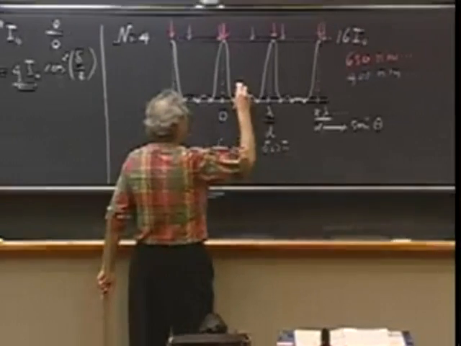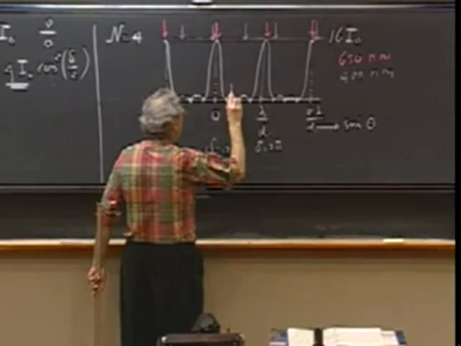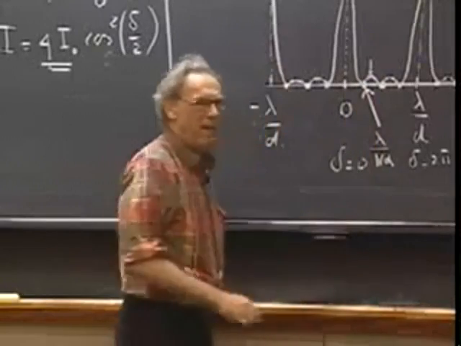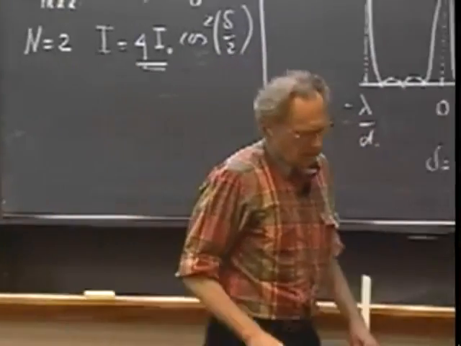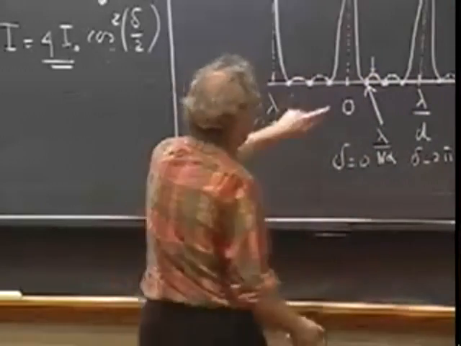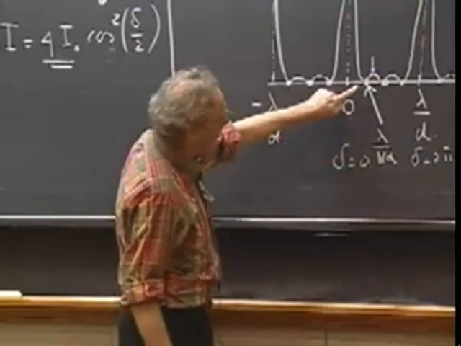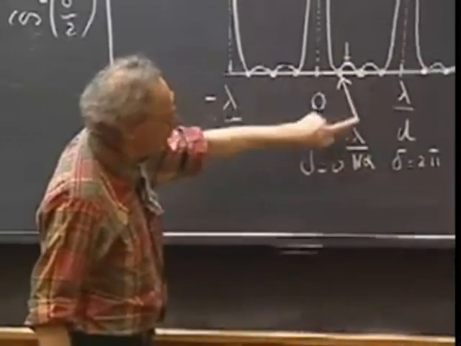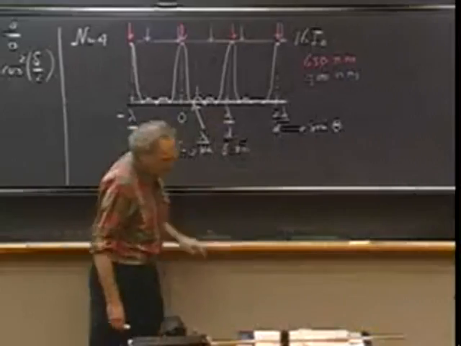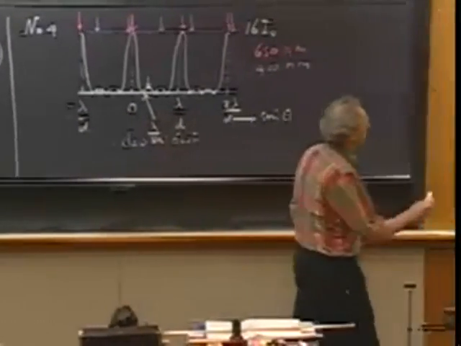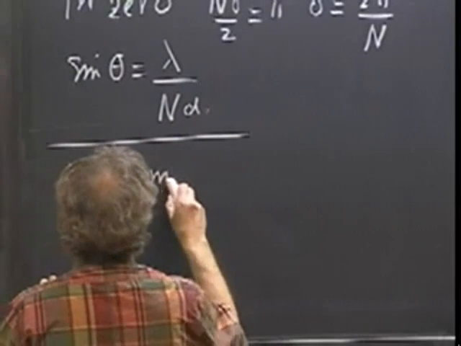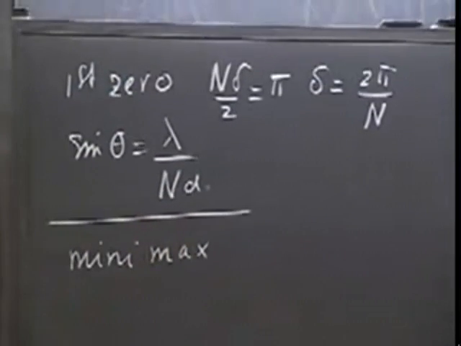You may be interested in what the light intensity is of this little mini-maxima. Well, that is very easy to calculate. If we know that the sine of theta here is lambda divided by nd, and we know that here it is twice that much, then all I have to ask that equation is, what is your light intensity when we go to that first mini-maximum right here.